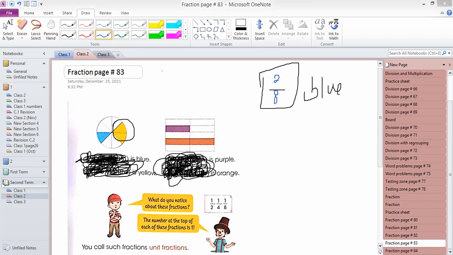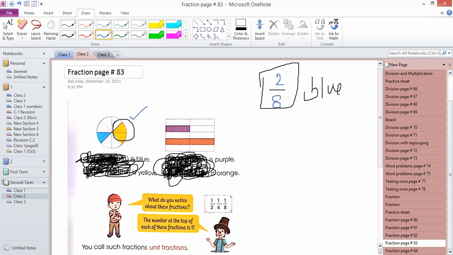Very good, very good. And I need one more student. Abdul Malik Hassan. Please tell me the fraction of this yellow. 2 over 8.